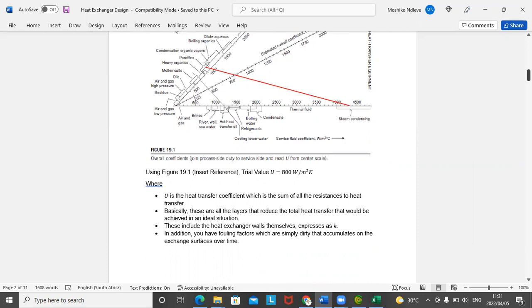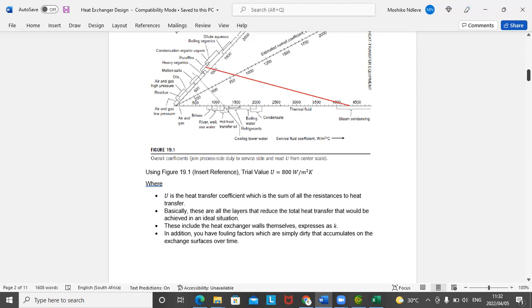So basically, if you were doing conduction through an electric wire of electricity, your overall heat transfer coefficient is similar to the properties of the metal that electricity is flowing in that resist your flow of electricity. So your overall heat transfer coefficient is basically a total, right? It's all the layers of conductive material or non-conductive material, because obviously it can be completely non-conductive, of course, but it's a collection of all those layers that will reduce your overall heat transfer, right?